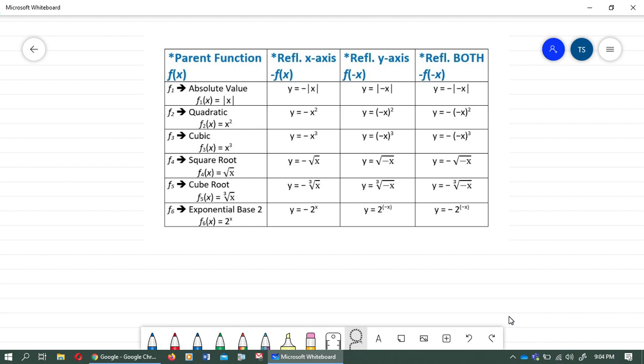This chart here was one that we had made specifically for reflections, in one of the previous videos. With these, you can see exactly how each specific parent function would look with those types of reflections: the reflection about the x-axis, the reflection over the y-axis, and the reflection over both of the axes.